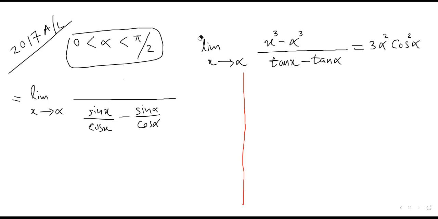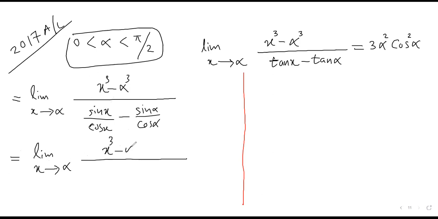Then we should cross multiply the denominator, right?